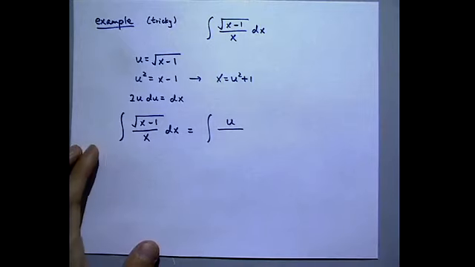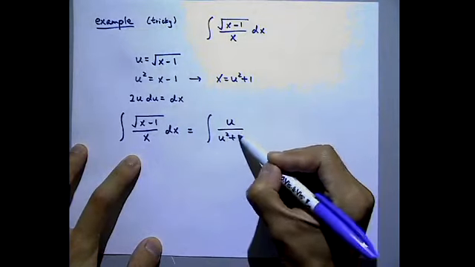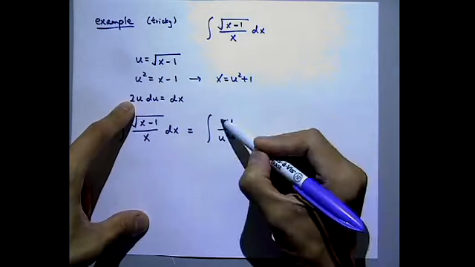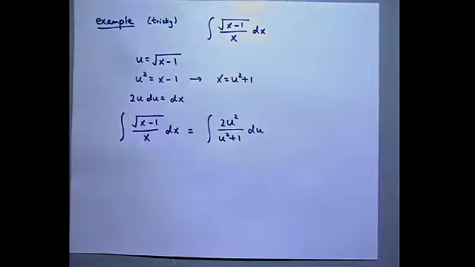So there's my u squared plus 1, and dx is 2u du. So we get our new expression in terms of u: 2u squared over u squared plus 1.